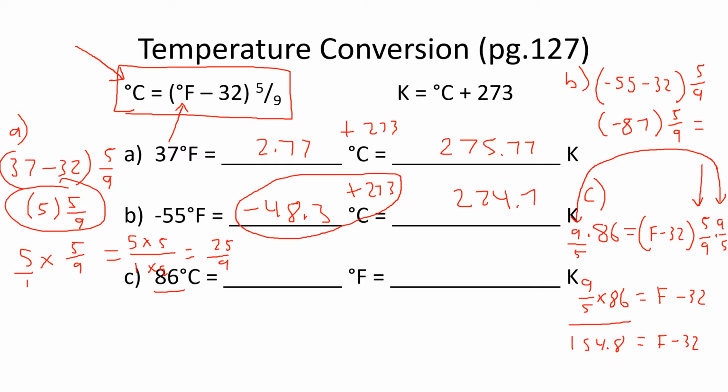How do I get the F by itself? I have to add 32 to both sides. 186.8.